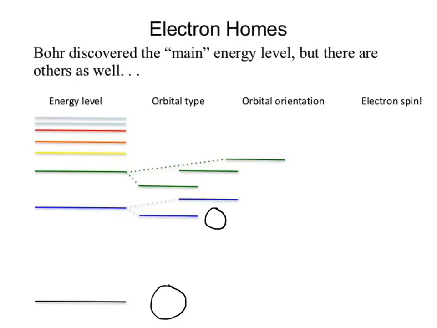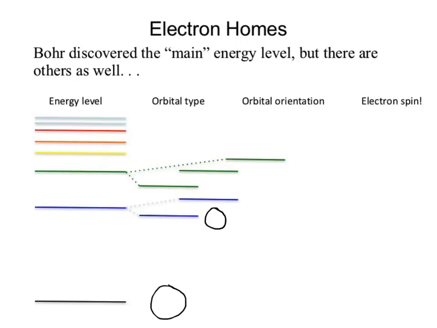Before we even draw the next one, let's think back to this sphere shape, because the next part of this is an orientation. If I had a sphere here and I turned it, could you tell that I turned it? No, assuming you didn't actually watch me turn it. There's only one valid orientation for a sphere, which means when I'm looking at that sphere type, I only get one orientation. I only see one orbital.